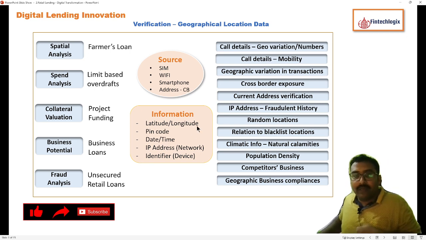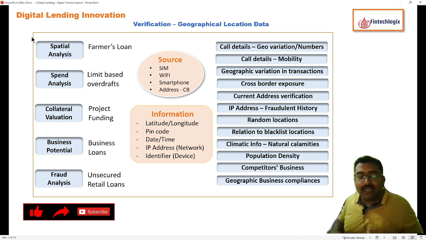Now you would be surprised: I get all these derived parameters, how do I use them, right? Let me give you a few examples. In the case of farmer loans, if a farmer is specifically exposed to a lot of floods in that area, then a specific analysis is done, which is called spatial analysis.